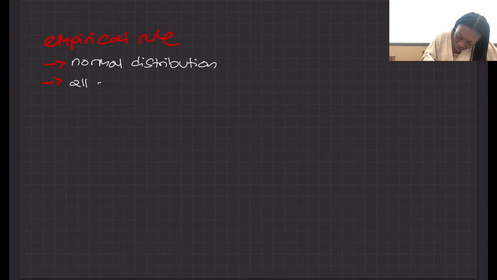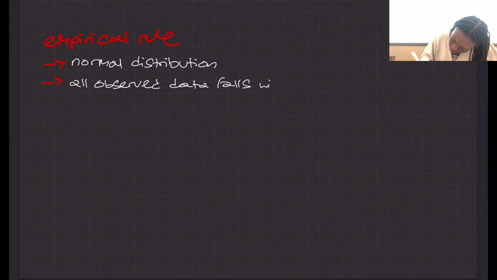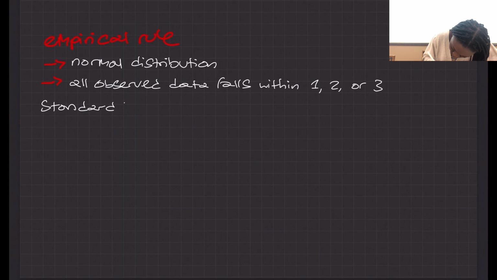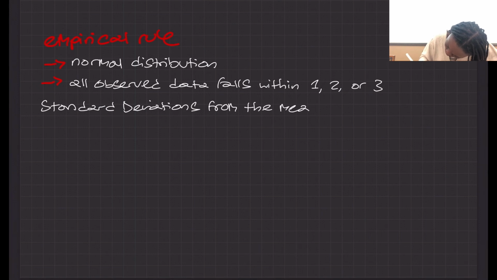And all observed data, or about all observed data, falls within 1, 2, or 3 standard deviations from the mean.